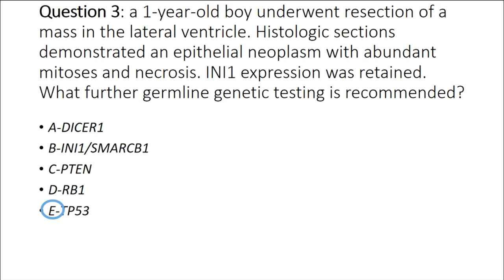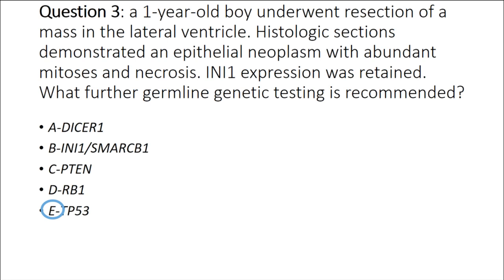The other genes that I mentioned: you have a DICER1 predisposition syndrome. Those tend to be associated with ocular medulloepitheliomas, pineoblastomas, pituitary blastoma. INI1, SMARCB1, is associated with rhabdoid predisposition syndrome.